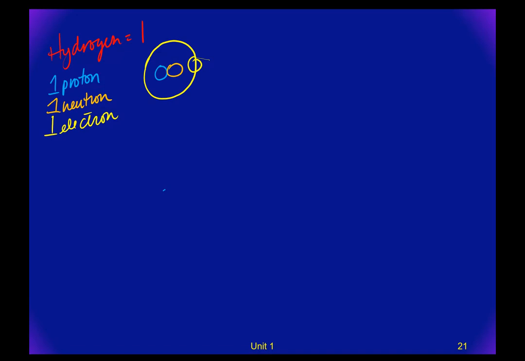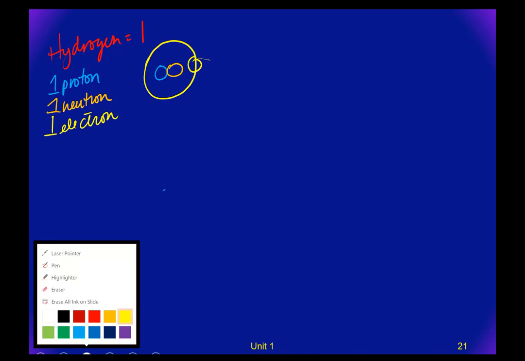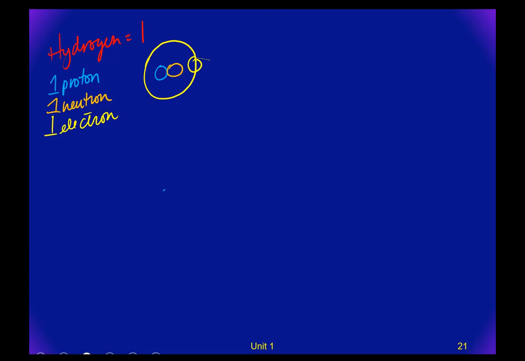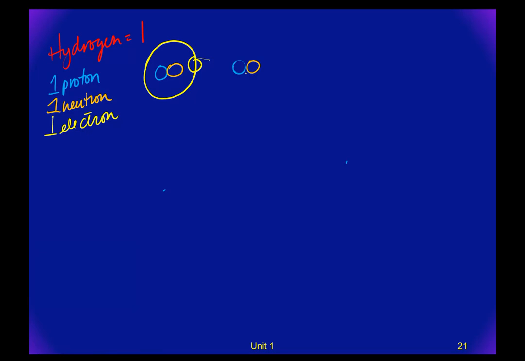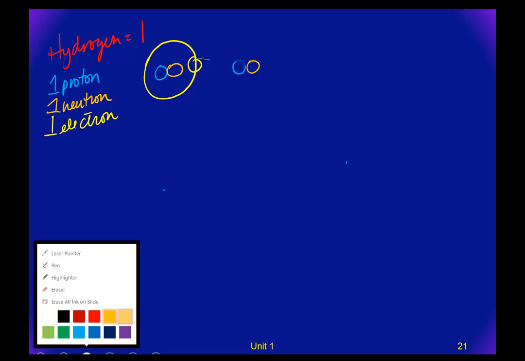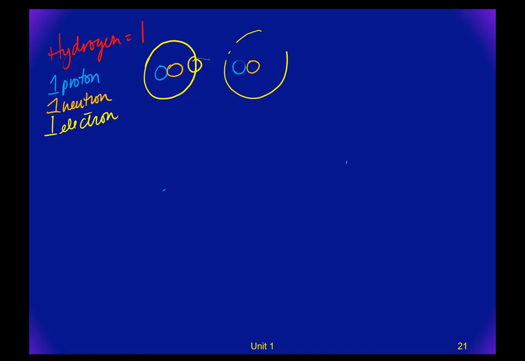Well, who else only needs 1 electron? The obvious answer would be another hydrogen. So if there's another hydrogen around that has 1 proton, 1 neutron, and 1 electron, technically they can share.